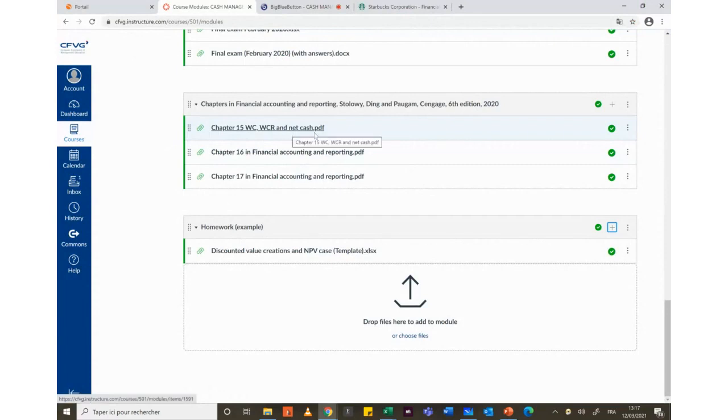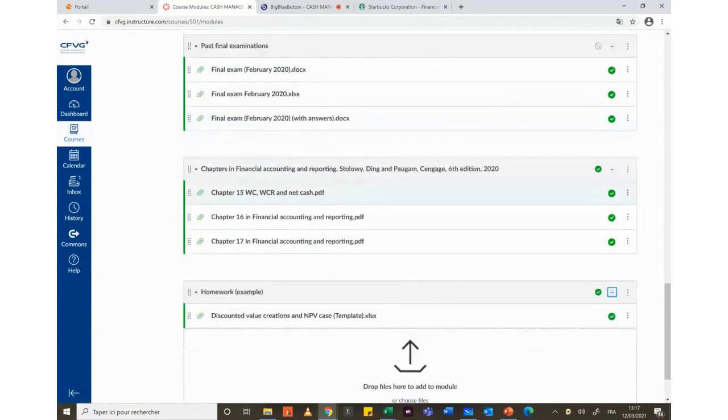I put chapter 15 in this book, the same. In chapter 15, they explain the simplified balance sheet. So I scanned chapter 15 about the simplified balance sheet. So you have one example of different companies, and we see what is the meaning of this kind of working capital by comparison with the working capital requirement and the net cash.